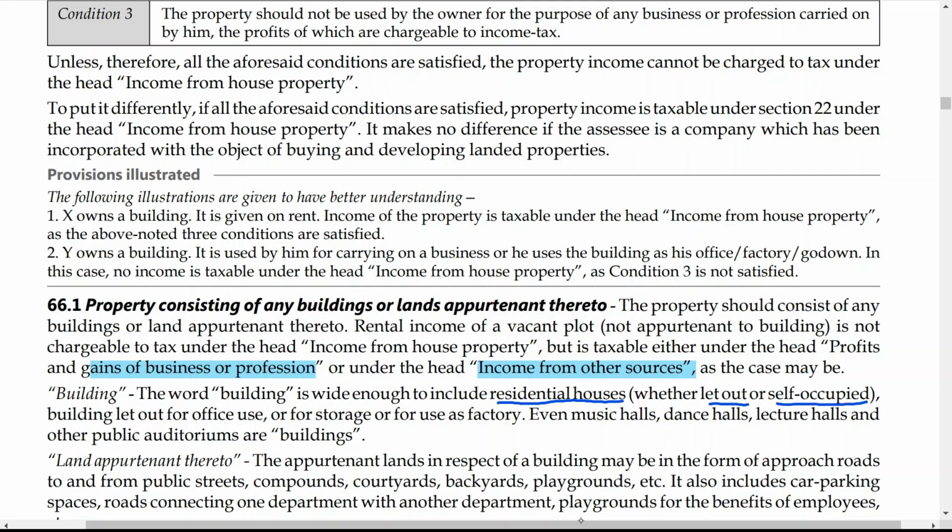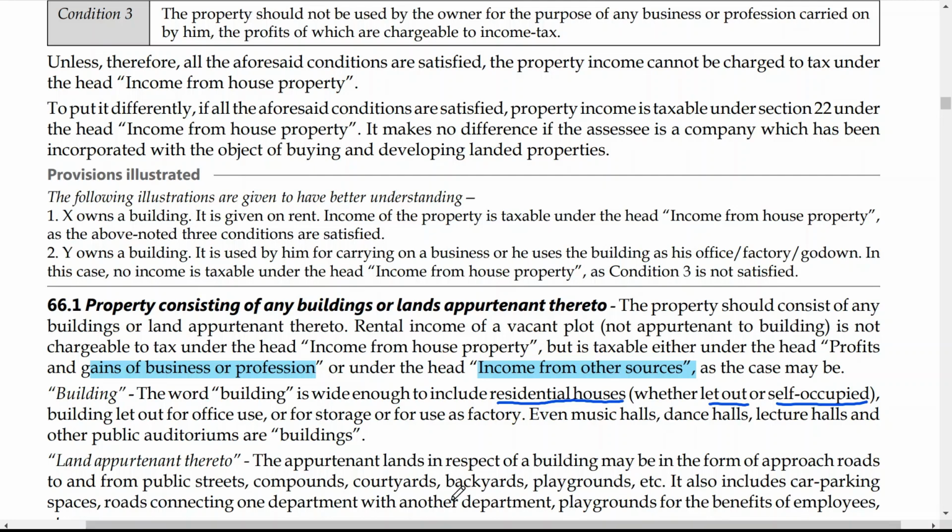Property let out for office use, for storage, or for use as a factory, even a music hall, dance hall, lecture hall and other public auditoriums are buildings. That means commercial use as well as residential use can both be considered here. Whether it is used for self purpose, residential purpose, or let out for commercial purpose, it is to be considered.